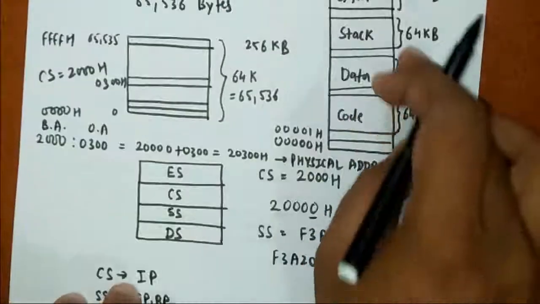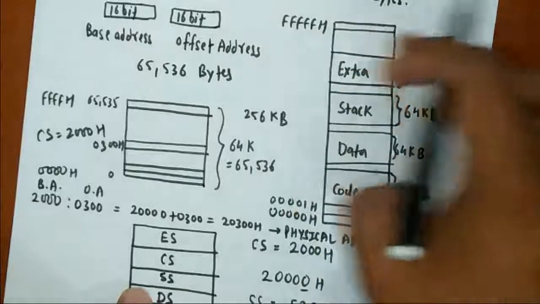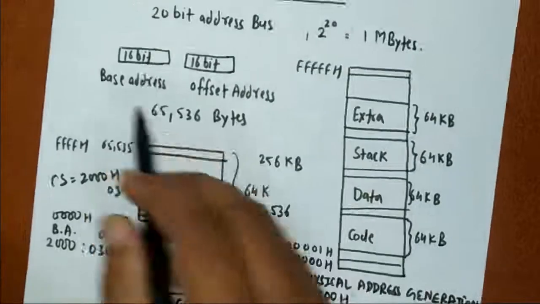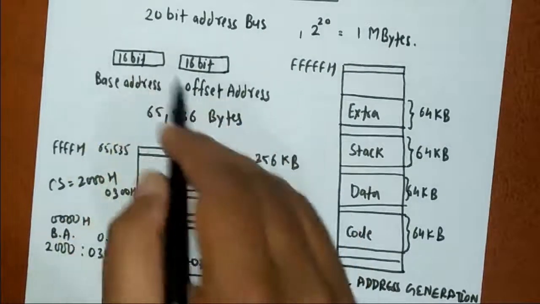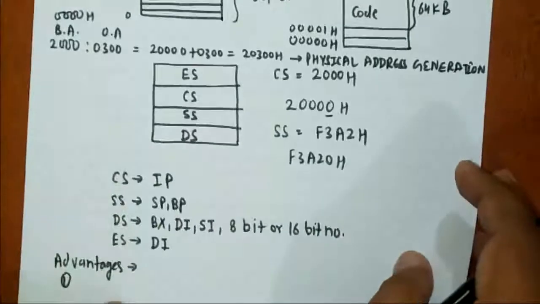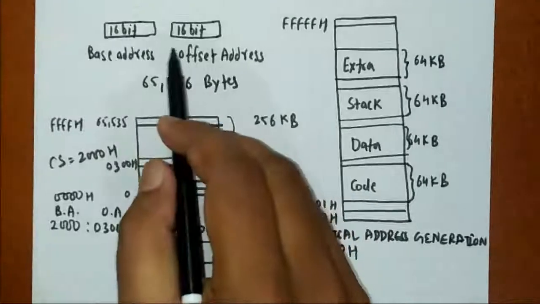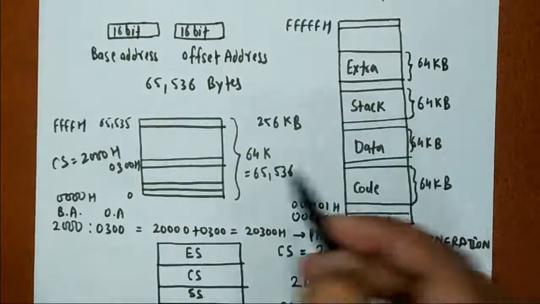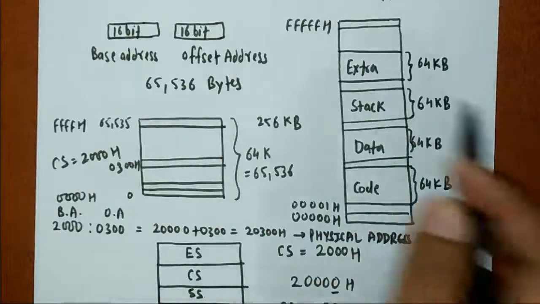Just because of segmentation, we can represent a 20-bit address using two 16-bit registers. This is the first advantage, because in most cases available memory is a multiple of 8 bits, so 20 bits is a little bit odd. So this is an advantage.